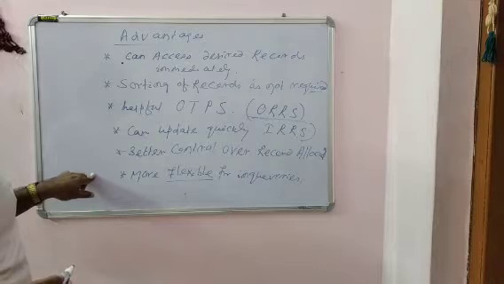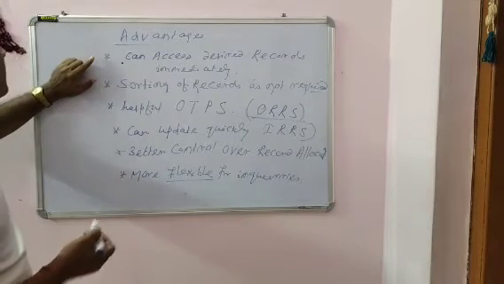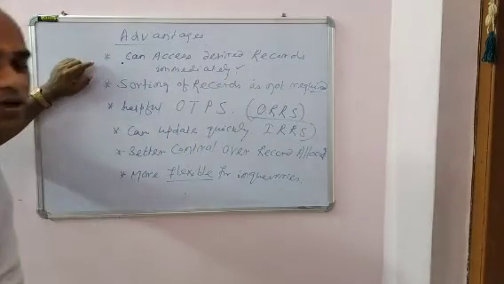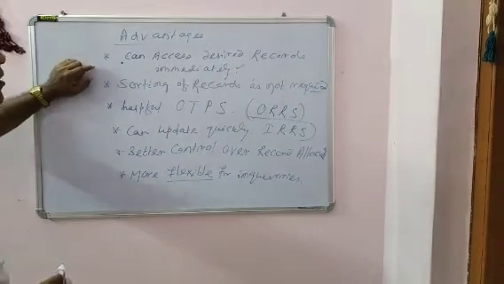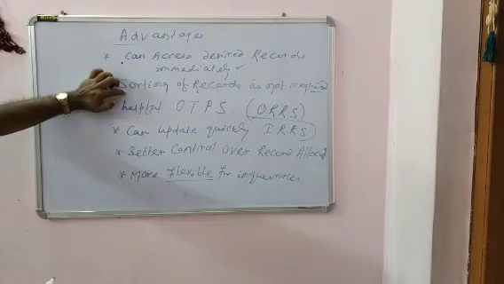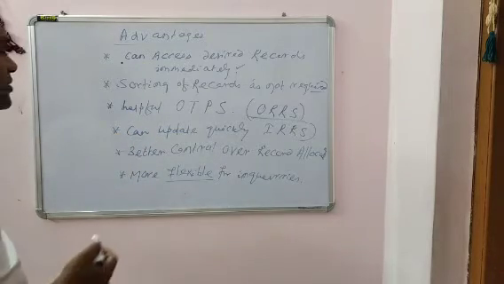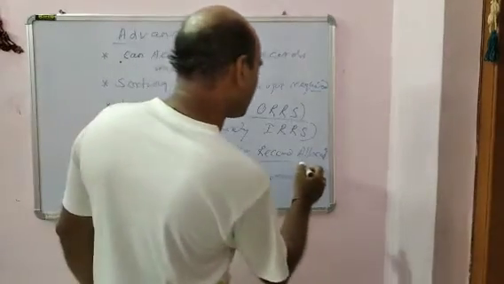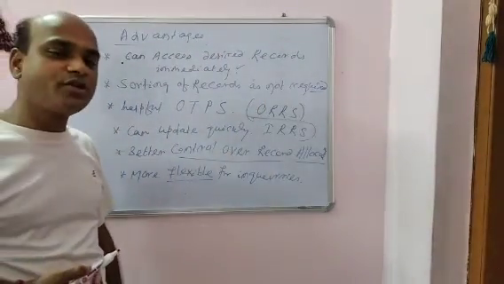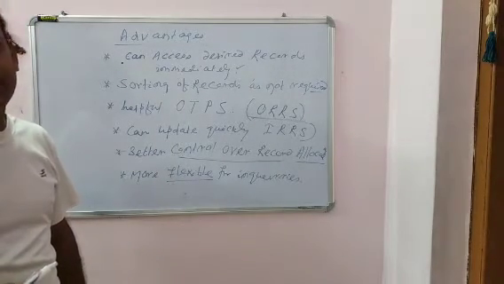So consider all these points. These points are the advantages of direct file organization. First of all, records can be accessed immediately. Sorting of records is not required, and we can quickly perform update operations. It gives better control over record allocation: easily we can allocate records in the secondary storage device by using direct access devices and media.